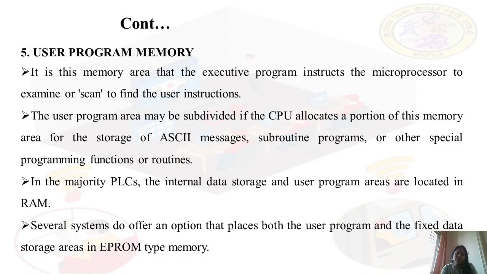In the majority of PLCs, the internal data storage and user program areas are located in RAM. Several systems do offer an option that places both user program and fixed data storage areas in EEPROM type memory. So these are the 5 different types of memory that are in the PLCs.